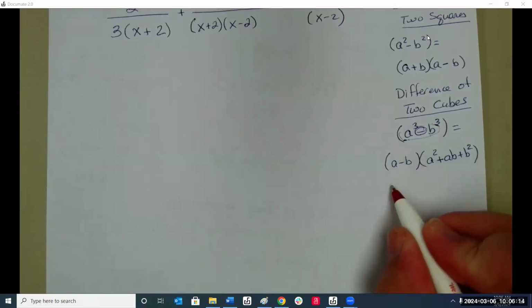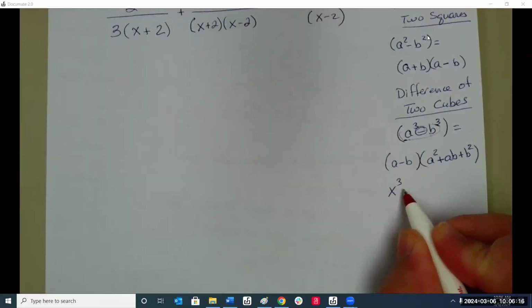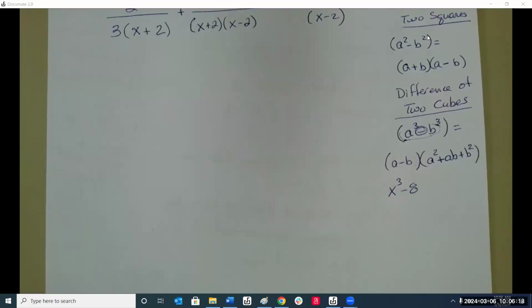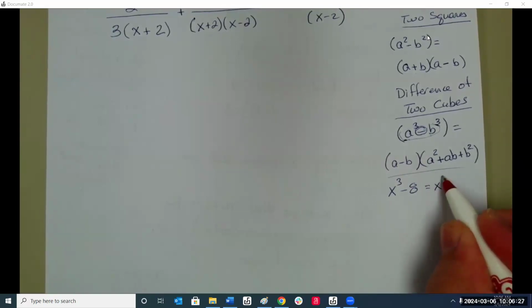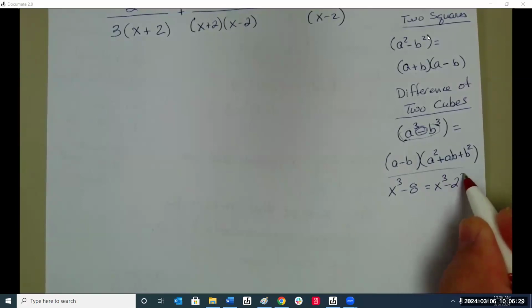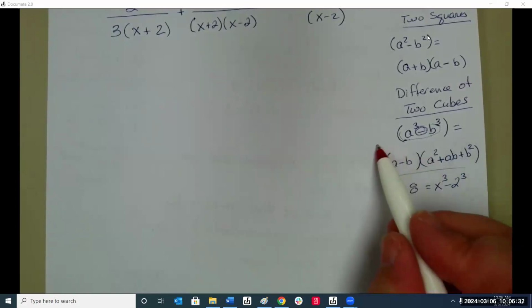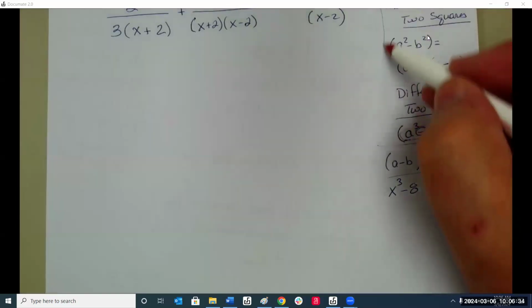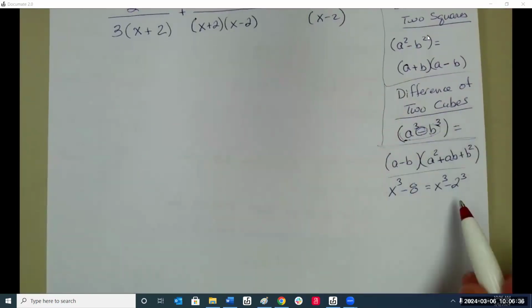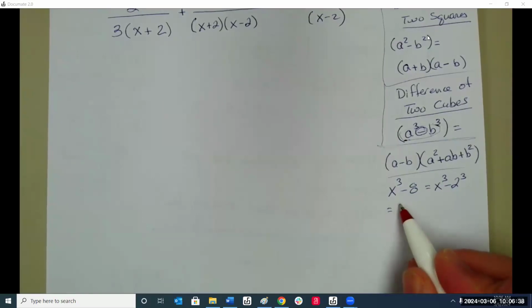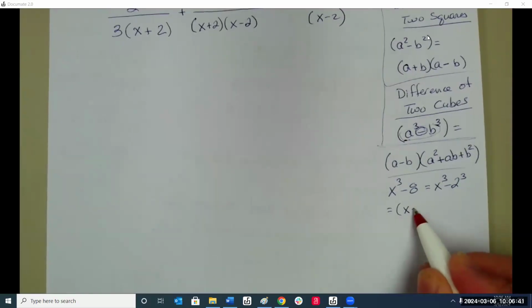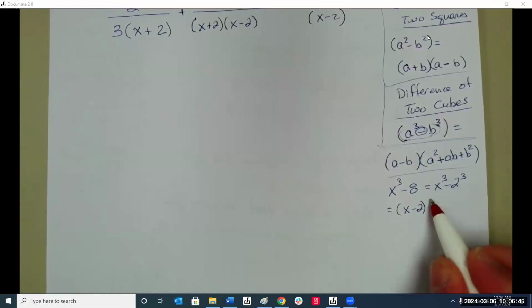Let's look at an example of this one. x cubed minus 8. Right, so this is x cubed minus 2 cubed. So my factoring of this will be x minus 2, because that's what's under the cubes.